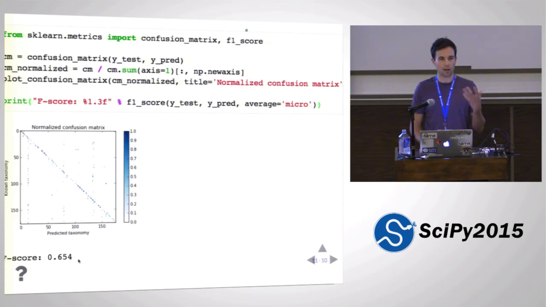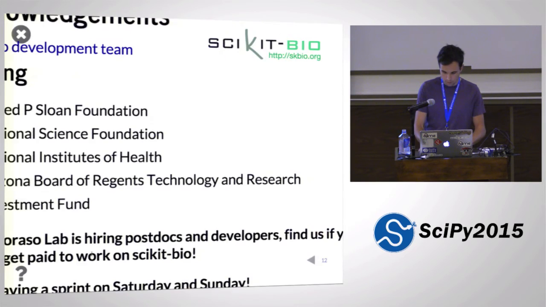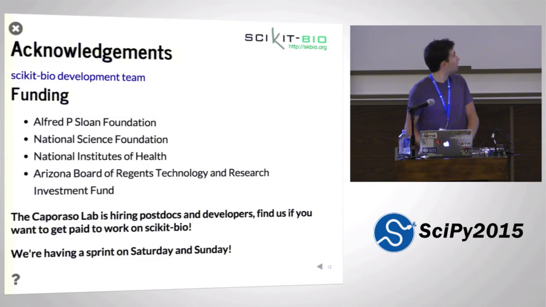Hopefully this demo illustrates how you can use Scikit-bio's API to do your data munging and preprocessing, and then feed that directly into something like Scikit-learn or something else in the SciPy stack to implement something fairly complicated like a taxonomy assigner in very few lines of code. With that, we'd be happy to take any questions.